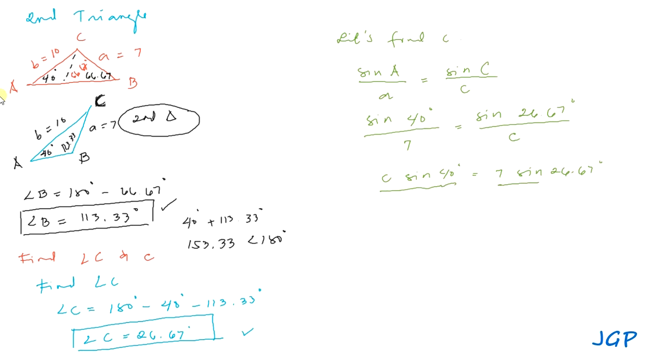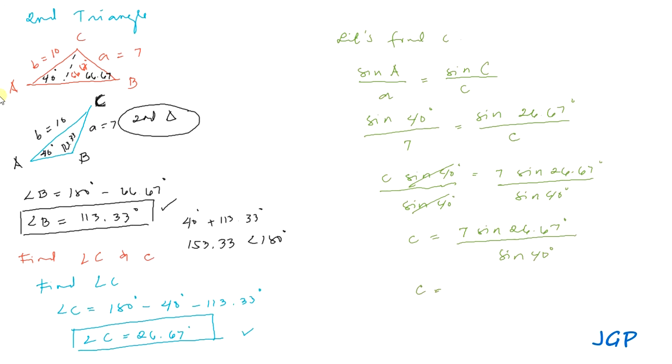Divide both sides by sine 40 degrees, and this cancels. C is equal to 7 sine 26.67 degrees over sine 40 degrees.